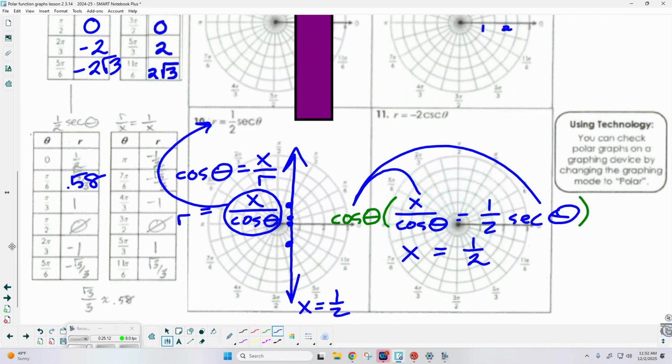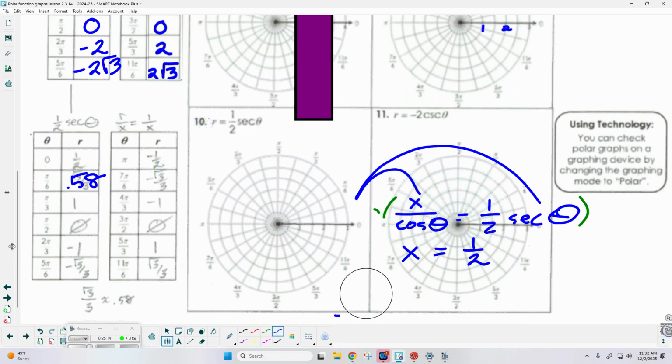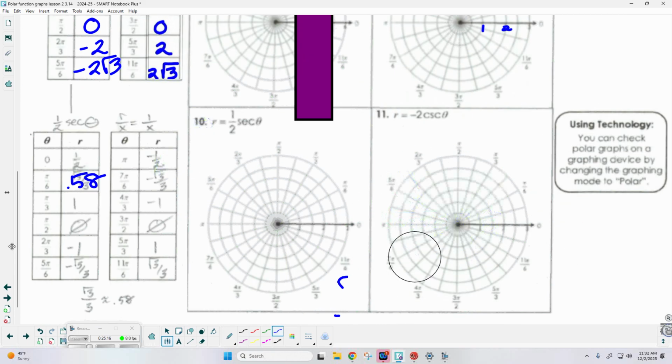Let's come on down here. So on number 11 right here, sure, I could go ahead and rewrite it as rectangular like I just did for number 10. I could create a table of values like we've previously done, but should cosecant give me a vertical or a horizontal?